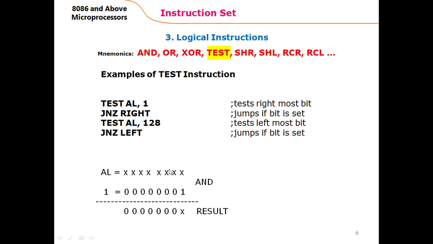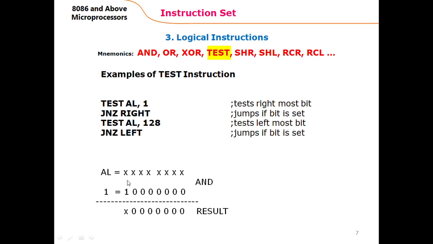Similarly, the second instruction here, test L comma 128. As the L register is an 8-bit register, 128 in binary can be written as follows: 10000000. So the right 7 bits are zeros, and the leftmost bit in this number is 1.